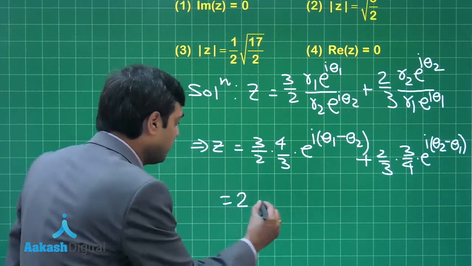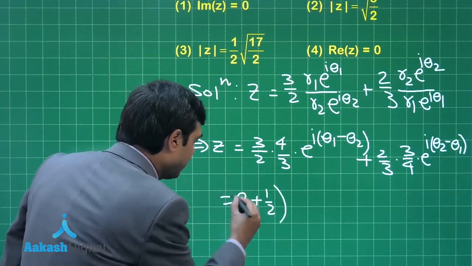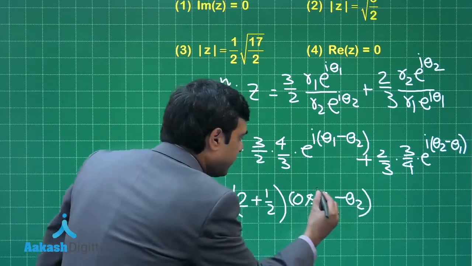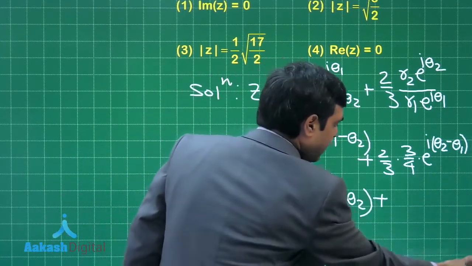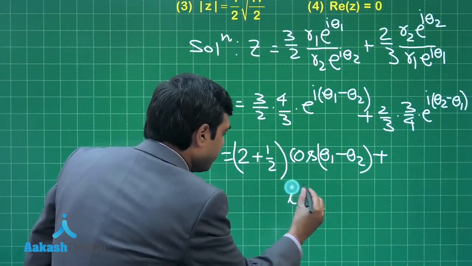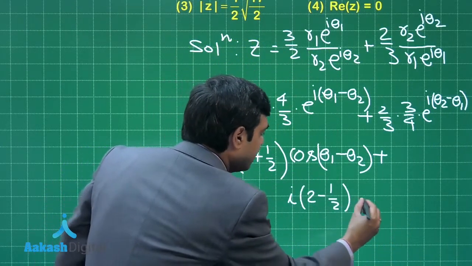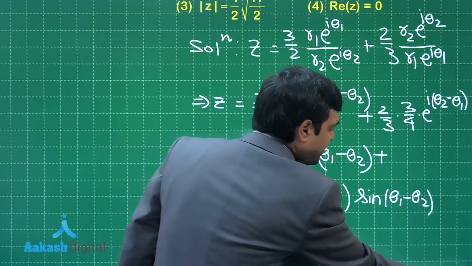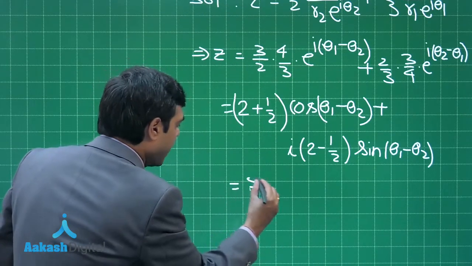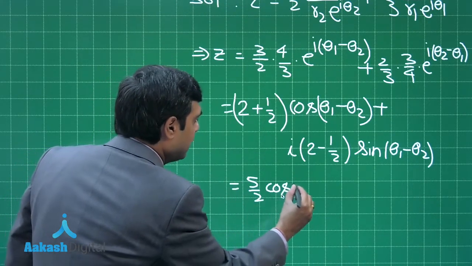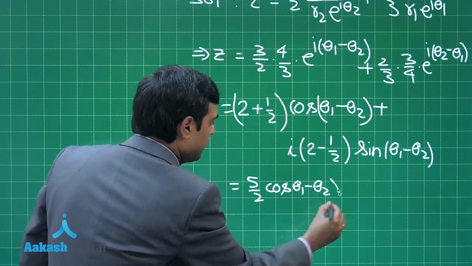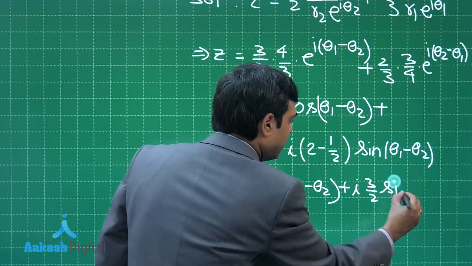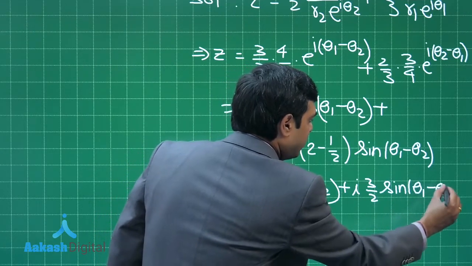This is clear. Simplify, you get (2 + 1/2) cos(θ1 - θ2) plus i times (2 - 1/2) sin(θ1 - θ2). So, the result simplified with us is 5/2 cos(θ1 - θ2) plus i 3/2 sin(θ1 - θ2).